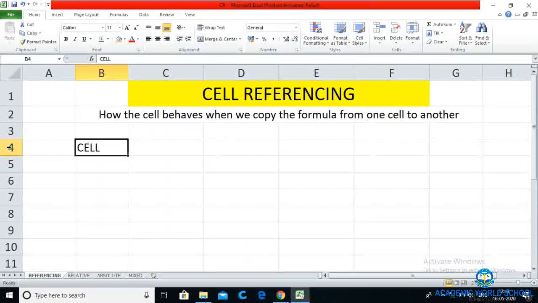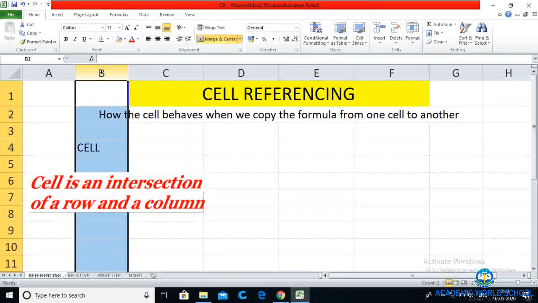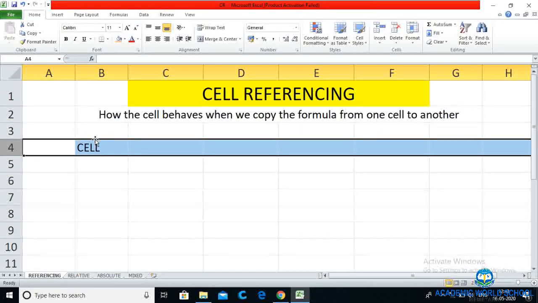Row number 4 and column B are automatically highlighted, so the cell address is B4. A cell is also an intersection between a row and a column, the point where the column and row meet.